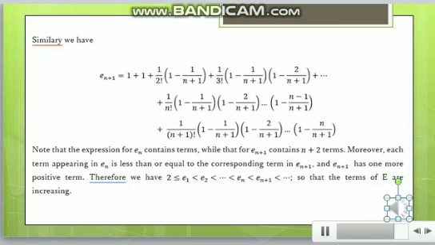Therefore, we have 2 ≤ e_1 < e_2 < ... < e_n < e_{n+1} < ..., so that the terms of e are increasing.